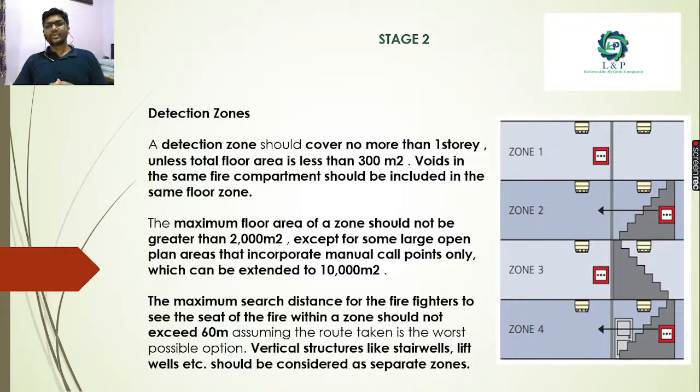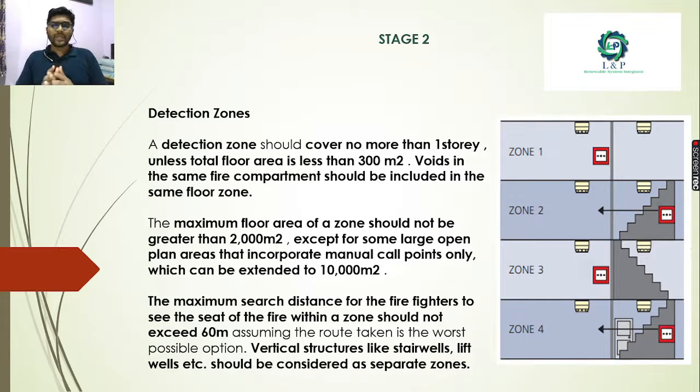A detection zone should not cover more than one storey. If the area is less than 300 square meters, we should not increase more than one storey into a detection zone.